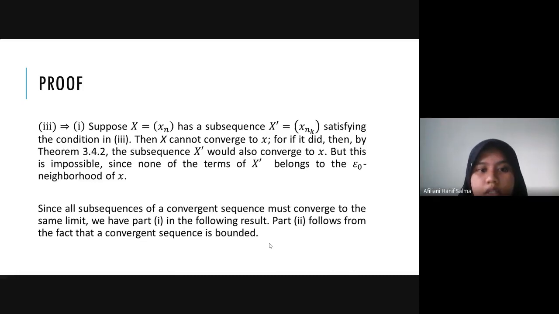But this is impossible since none of the terms of X' belong to the epsilon_0 neighborhood of x. Since all subsequences of a convergent sequence must converge to the same limit, we have part 1 in the following result. Part 2 follows from the fact that a convergent sequence is bounded.